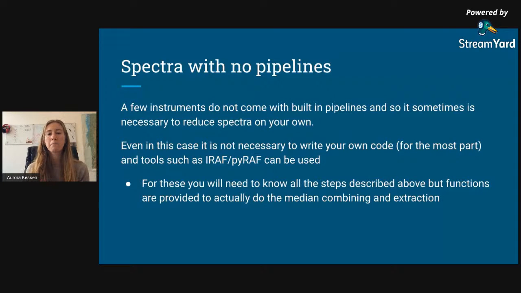For that, basically it gives you a graphical user interface where you can upload your spectra or your CCD images. And then you can go through the steps, but it has functions written in it for the median combination and the extraction. So you do need to know the steps to use things like IRAF or PyRAF, but you still don't actually need to write the code yourself.